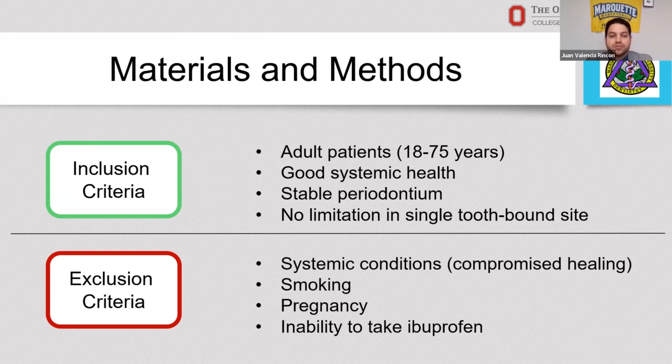In terms of the exclusion criteria, we didn't include any patients with systemic conditions that would compromise healing or swelling, smokers or pregnant patients, and those unable to take ibuprofen. We wanted to mimic a real scenario, placing an implant and then telling them to take pain medications like ibuprofen.